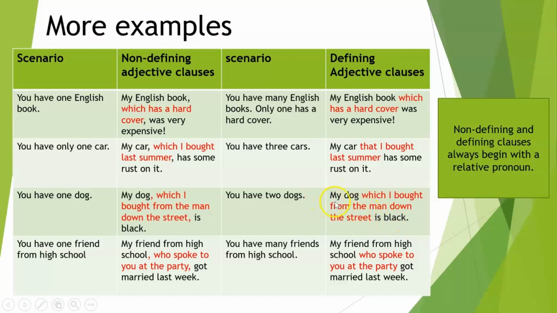My dog, which I bought from the man down the street, is black. Again, if you just say my dog is black, they'll say, oh, you have two dogs. Which dog is black?